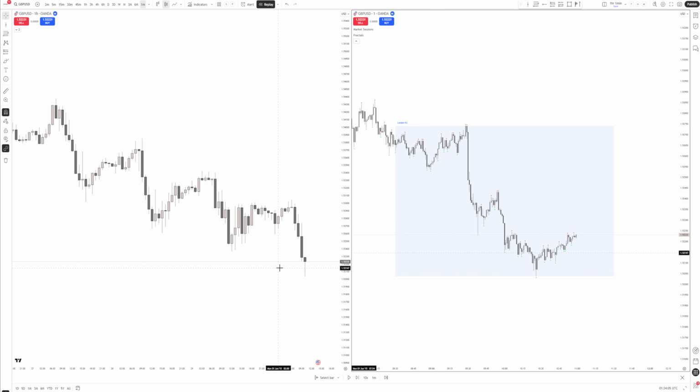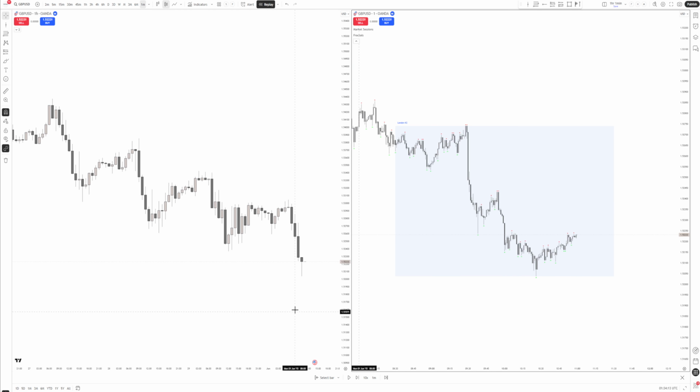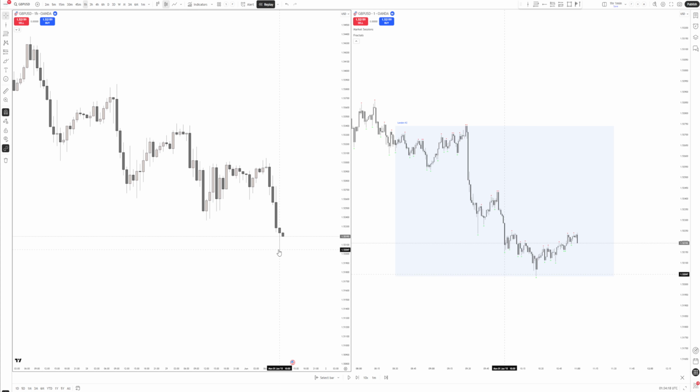Okay, so at this moment in time, the 10 a.m. candle is closing, let's see, bullish. And the reason I say bullish is because of the wick. That's quite a strong wick, so that's telling me that buyers want to step in.